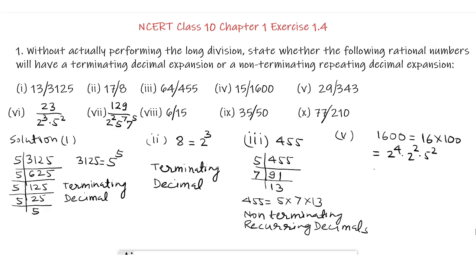This is equal to 2 to the power 6 into 5 to the power 2. Hence this is of the form 2 to the power m into 5 to the power n. Hence the decimal is terminating decimal.